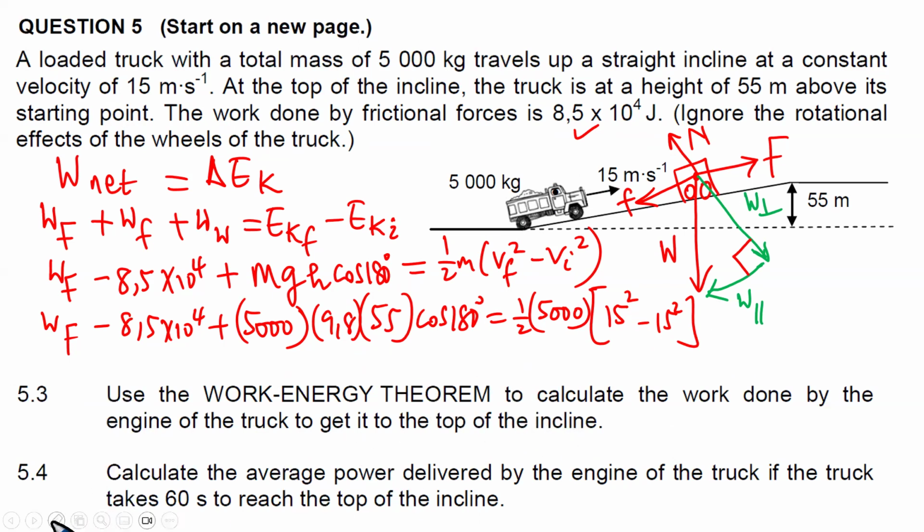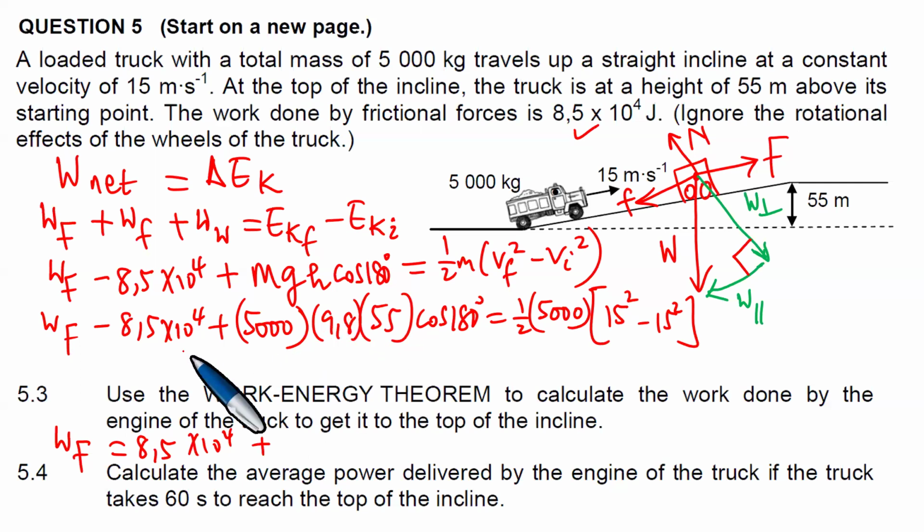And so what then do we do at the end of this? So we take this and we are able to simplify these, and this will become zero. And therefore, it means that work done by the applied force is actually 8,5, so we move this one to the other side, times 10 to the fourth power.